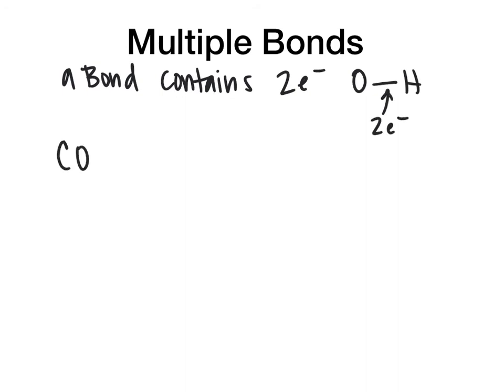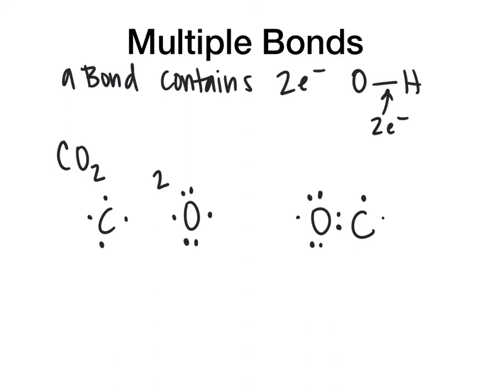But let's think about CO2, where we have carbon plus oxygen. And so when we create this molecule, and we're going to have 2 of these, we could start to draw something that looks like this. And so one thing you'll notice is we have these lonely electrons.